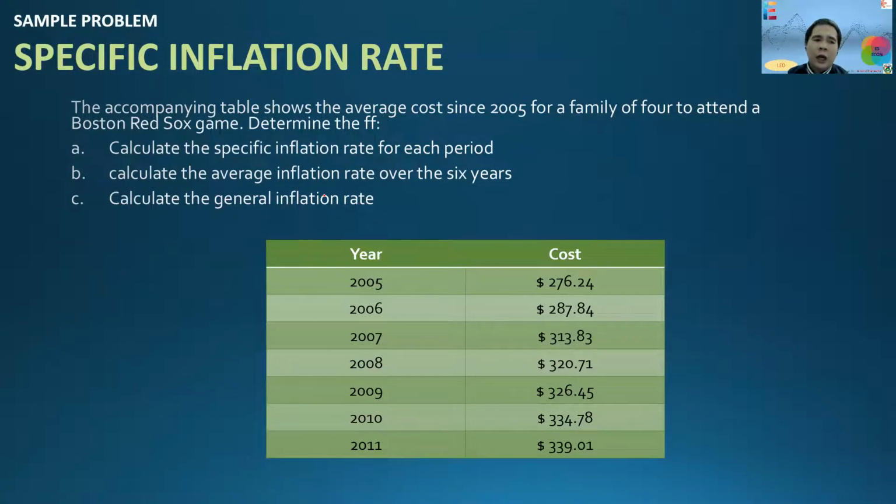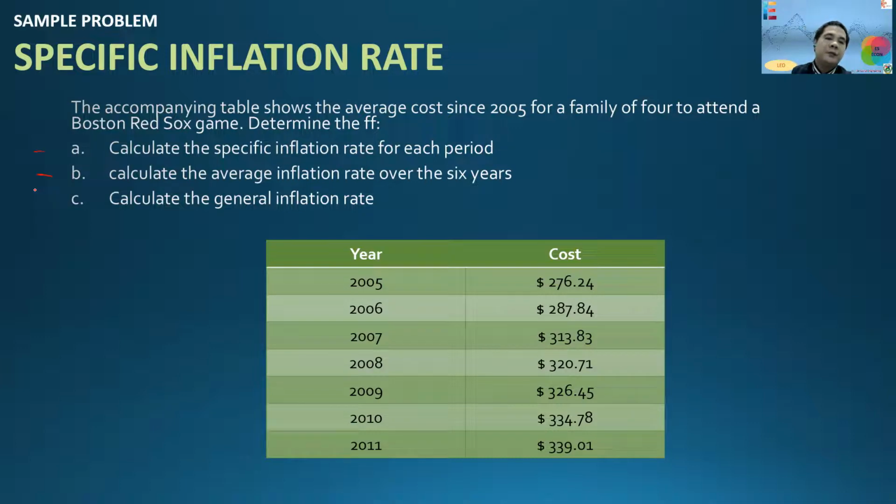Therefore, when it comes to computing, number one, what is the specific inflation rate for each period, the average inflation rate over 6 years, and calculate the general inflation rate.